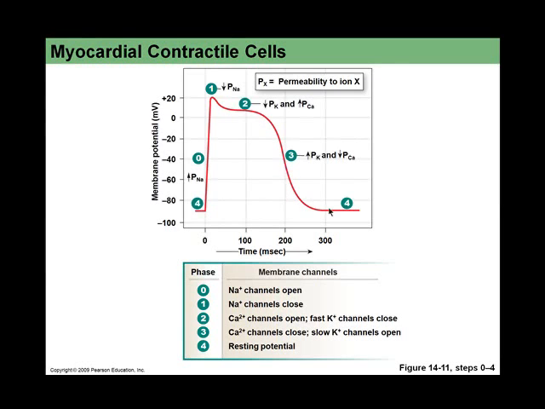And then phase 4 is the repolarization to resting potential, or it's not resting potential, it's the lowest value of the transient membrane potential.